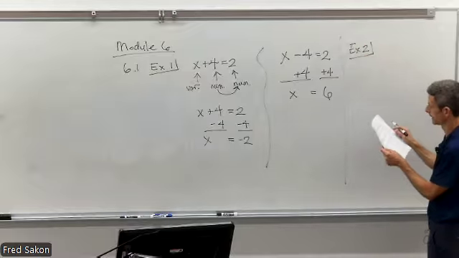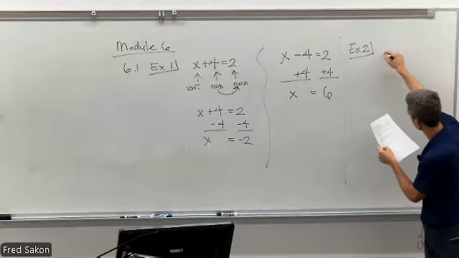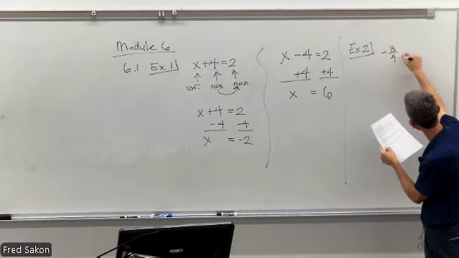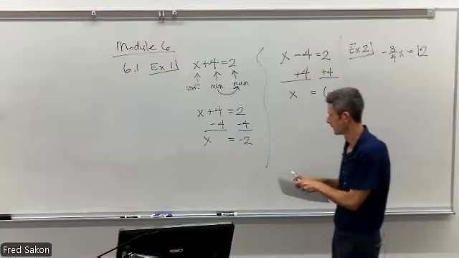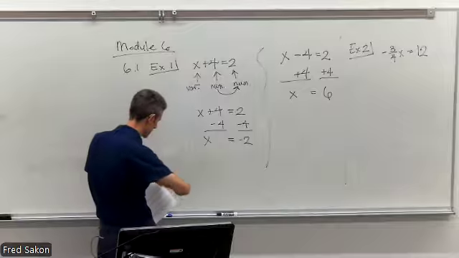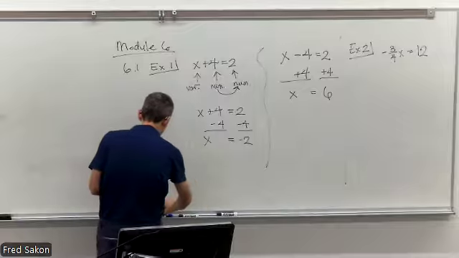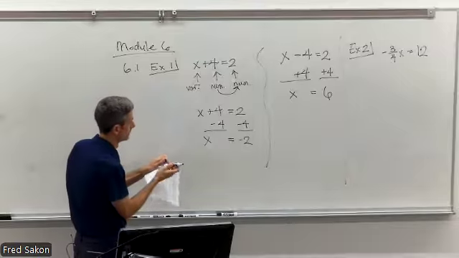Look at the second example where we have negative 3 over 4x equal 12. So notice the difference in how that's written.